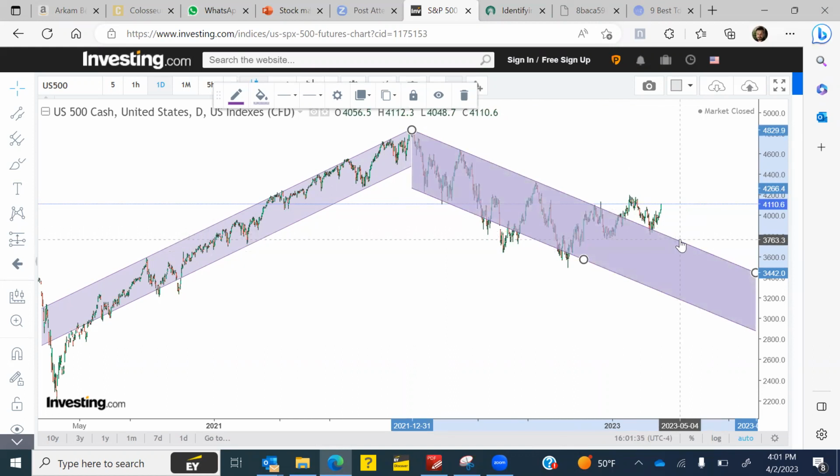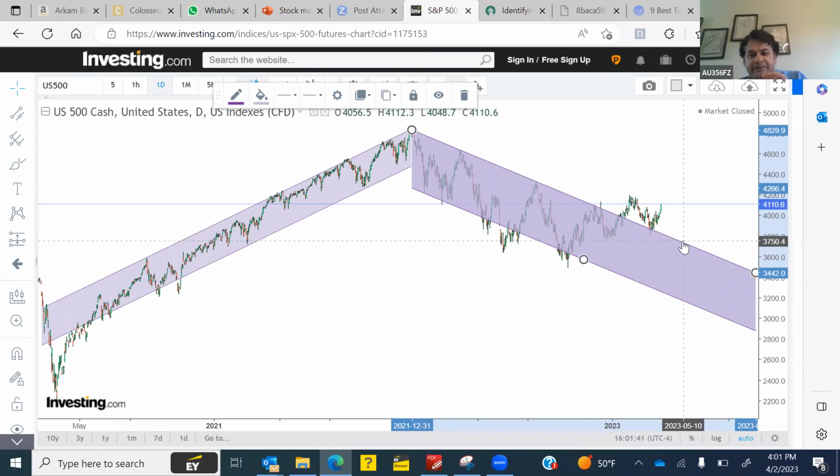But what if now it just breaks that support and goes down to the below one? Yes, exactly. So maybe it should bounce 2-3 times. Is it likely that it should bounce 2-3 times and then that line counts as support, or even a single bounce is enough?